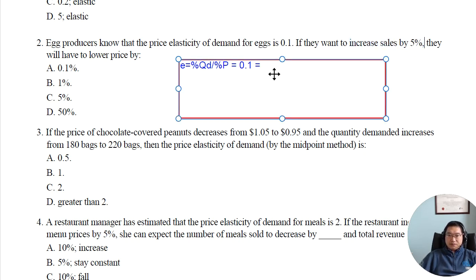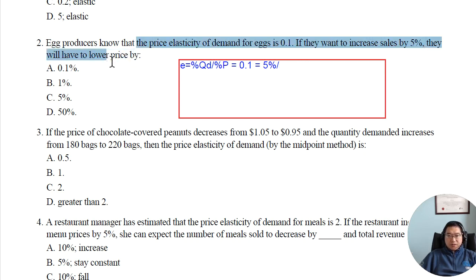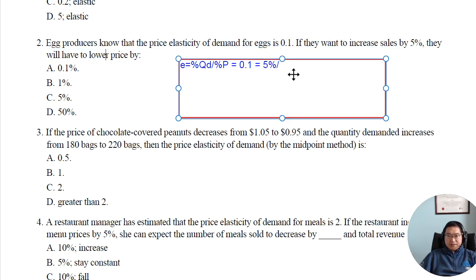That means the quantity demanded should increase by 5%. We assume here that the producer can change the price and the resulting quantity demanded will happen. And the question asks, they will have to lower price by how much? It's a percentage.